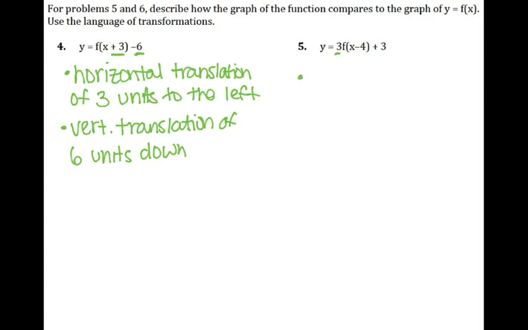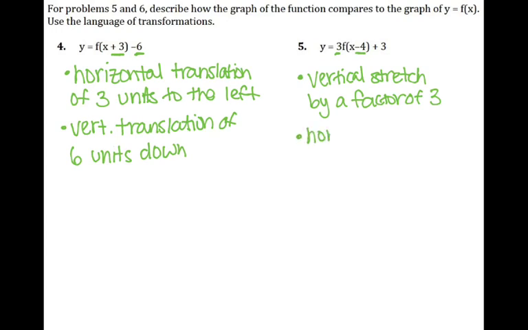For number 5, I have this 3 in the front. The 3 in the front is going to create a vertical stretch by a factor of 3. The minus 4 on the inside is a horizontal translation to the right 4.